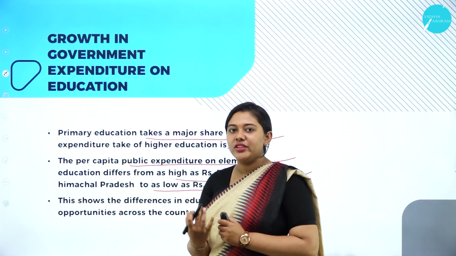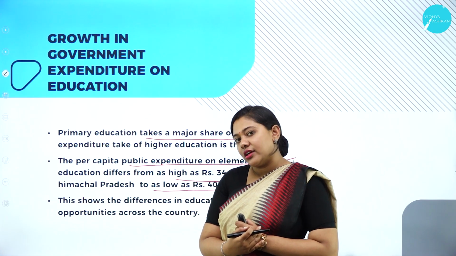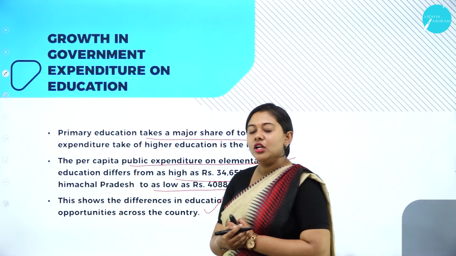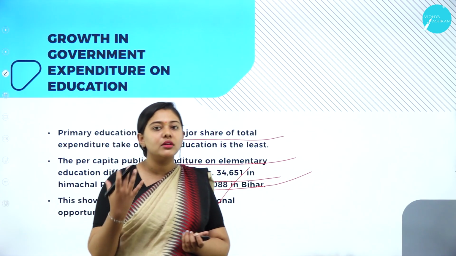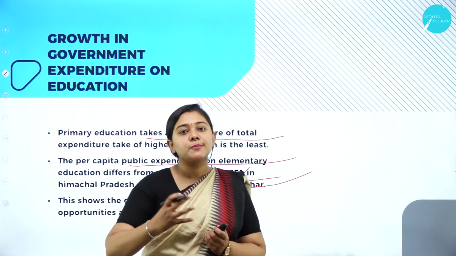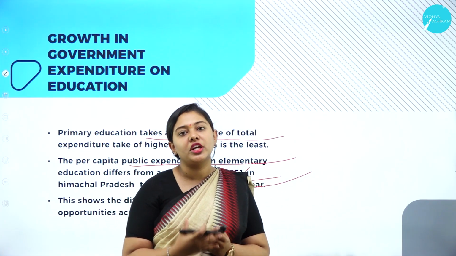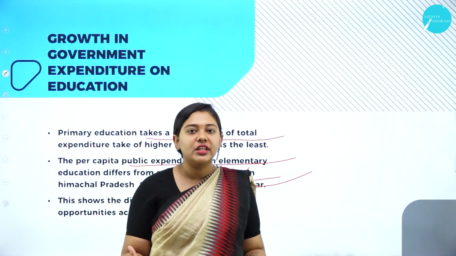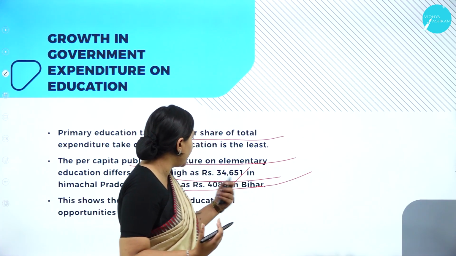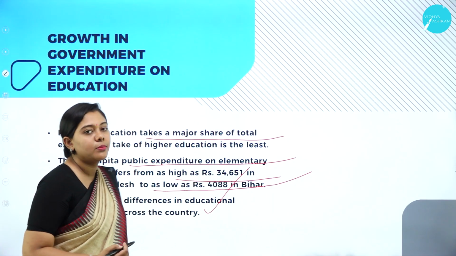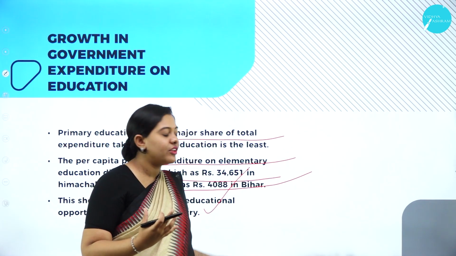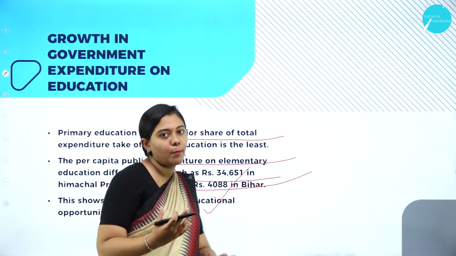So we can see the changes from state to state. This shows the difference in educational opportunities across the country. It differs as per the demographic conditions: the education, the population, the poverty, everything depends on it. So in Himachal Pradesh, compared to Bihar, the education expenditure level was high and the output was also high compared to the underdeveloped state, Bihar.